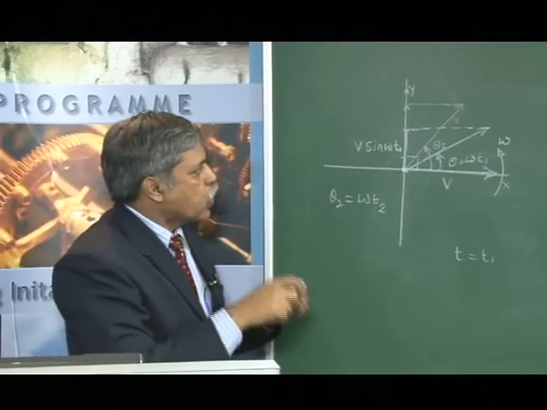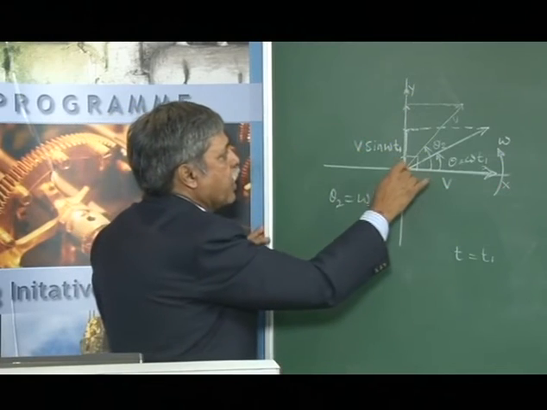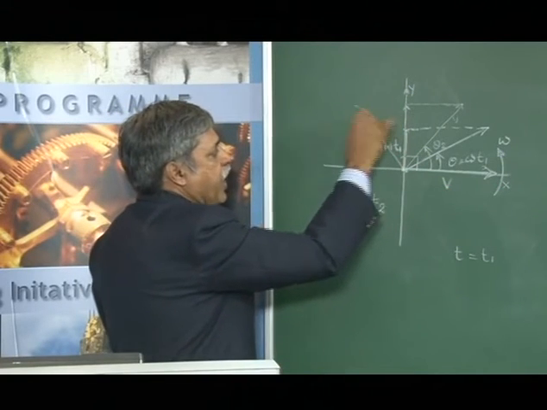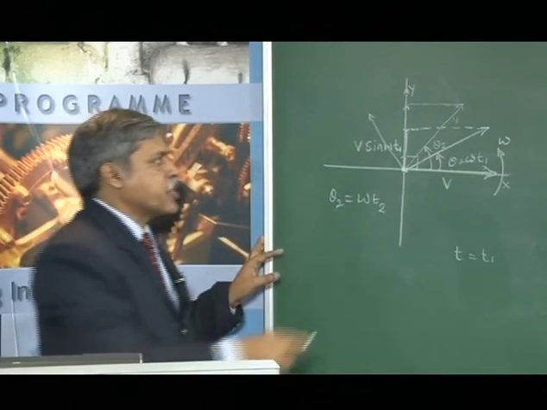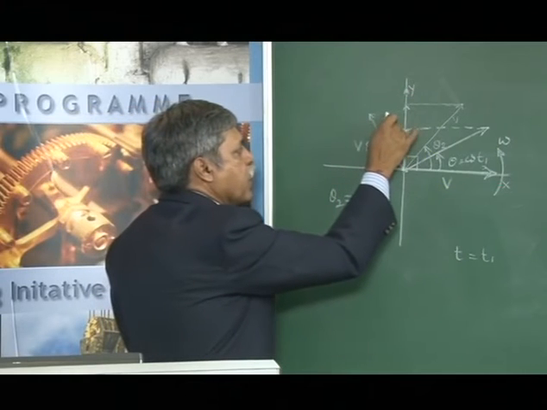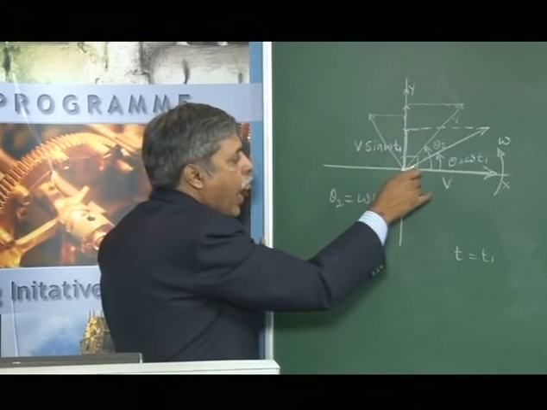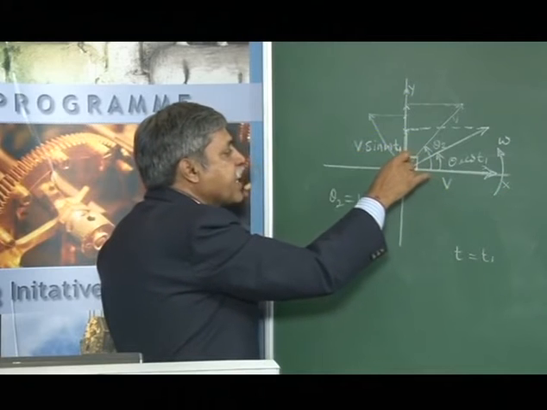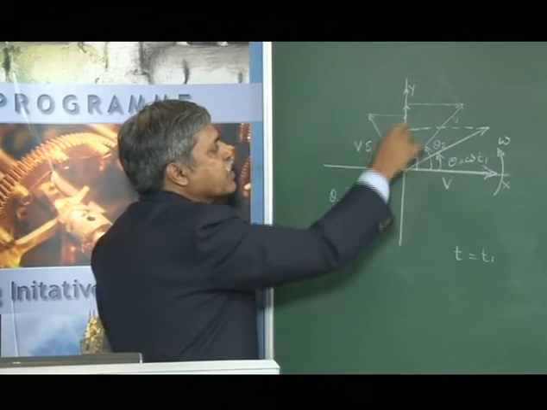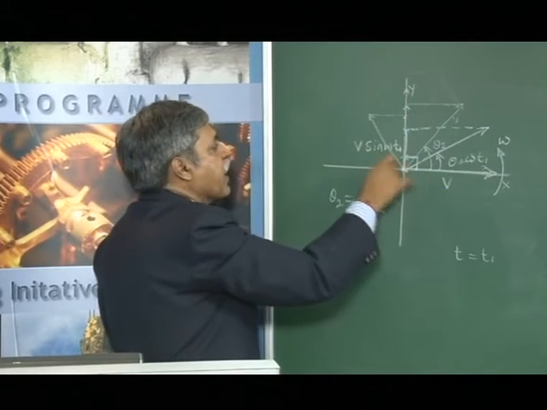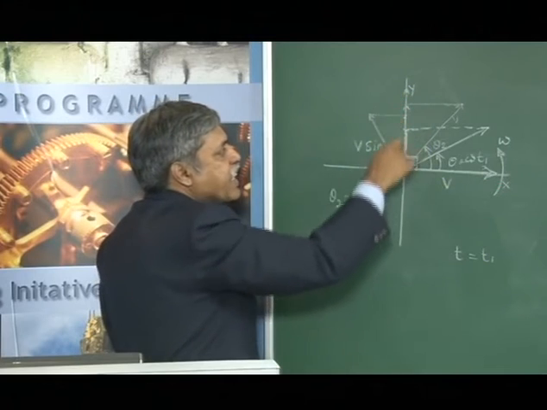If you continue to rotate, further rotation will take the vector into the second quadrant, where still the projection of the vector on the positive vertical axis will be positive. After 90 degrees, if you further rotate, you can see the projection of the vector on the vertical axis is decreasing.